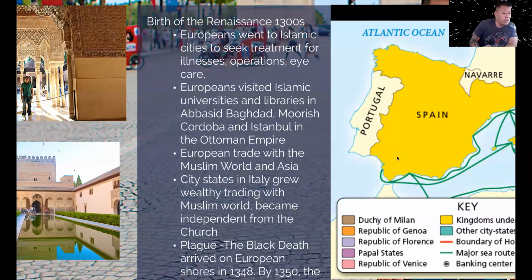And starting in the days of Charlemagne, Europeans knew that universities and libraries in the Islamic world contained ancient Greek and Roman manuscripts. So even after Charlemagne died, when Europeans rejected ancient Greek and Roman knowledge, many Europeans continued to travel to Muslim universities and libraries to study there.